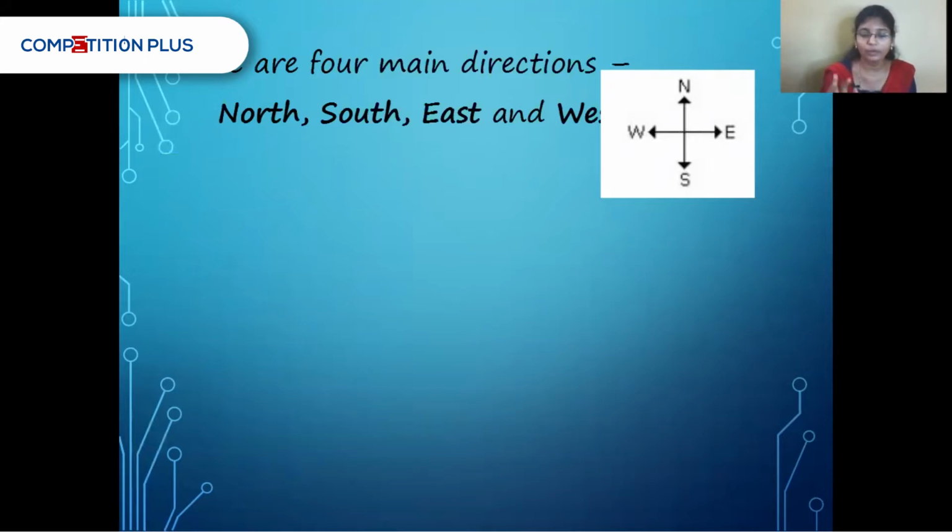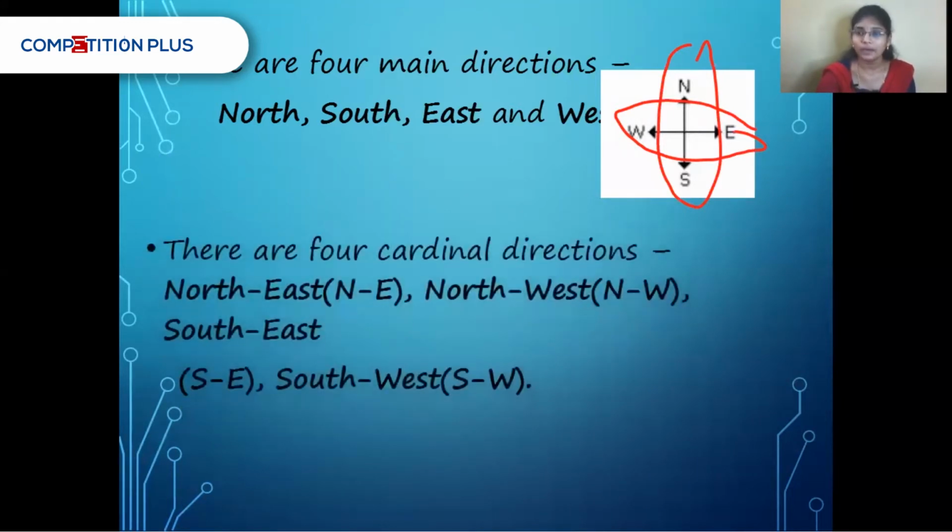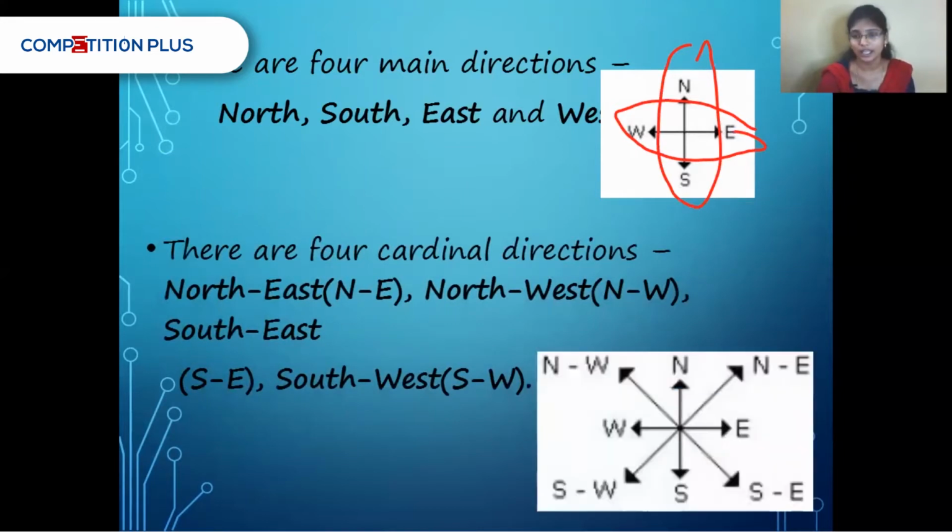If you remember very well that east and west are opposite to each other, north and south are the next two opposites. Apart from these four main directions, we have another four cardinal directions, right? The other four cardinal directions are northeast, northwest, southeast, and southwest. These are formed by bisecting the four main directions.